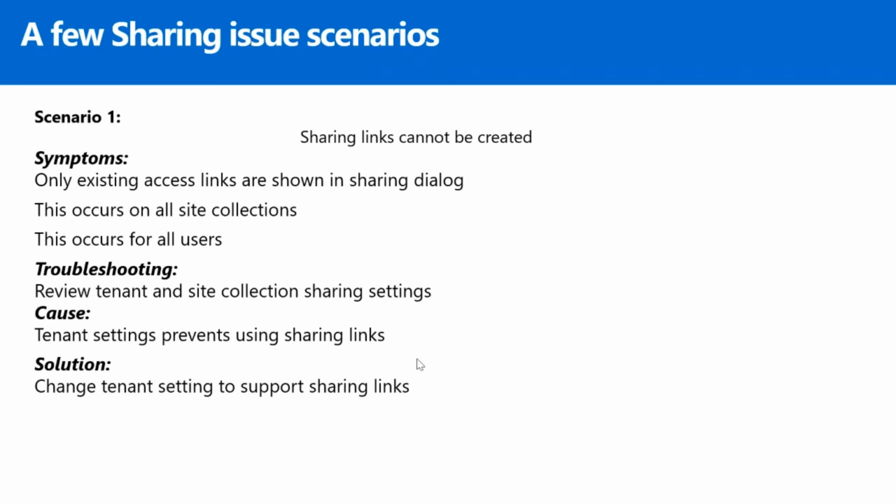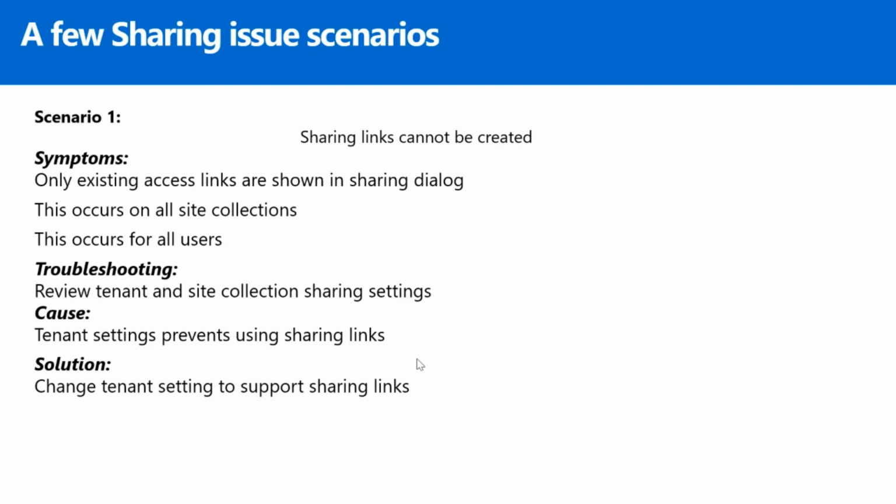Then we try to gather symptoms. We just looked at it, that we should gather symptoms. So what are the symptoms here? The symptom is that it's occurring for all the sites, it's occurring for all the users, and you can see existing links that were generated in the past maybe, but you are not able to generate any new links.